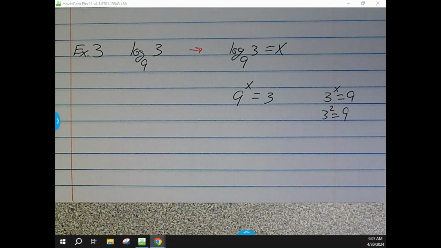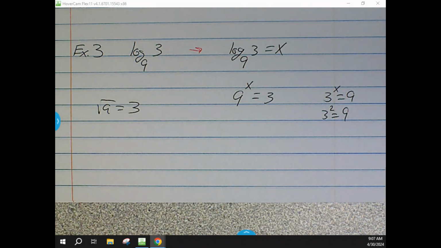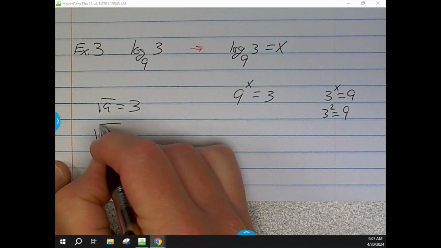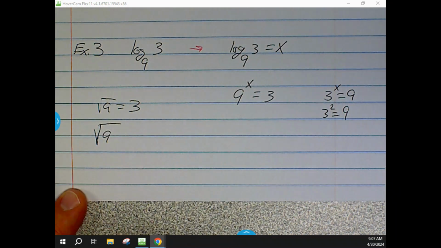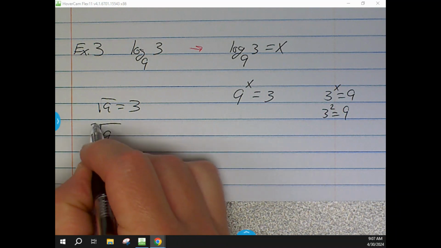Okay, we can take the square root, right? Which means that if you take the square root of 9, that would equal 3. So here's a good flashback to last chapter. What if it's square root of 9? How could we rewrite that with what index goes here? We know that's 2, right?